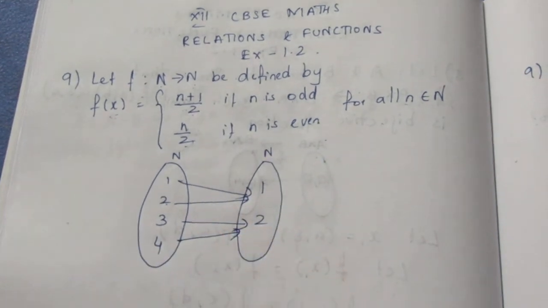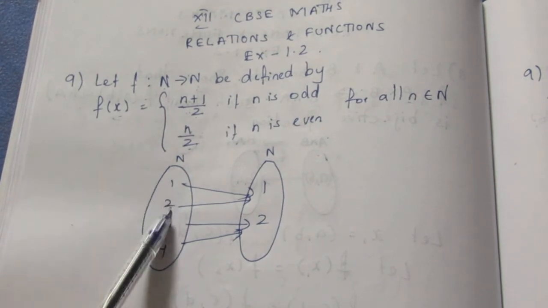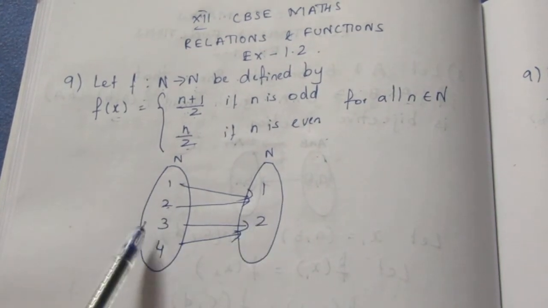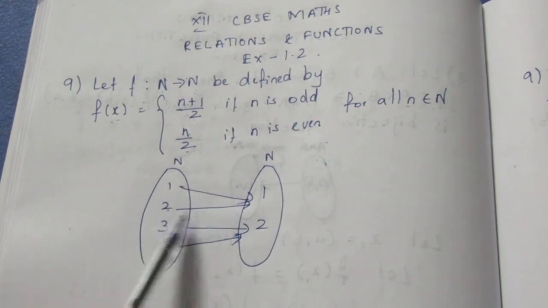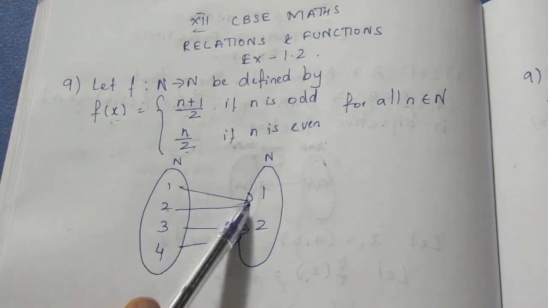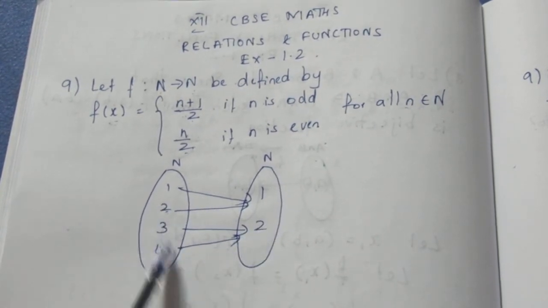So from this it is clearly seen that for 1 and 2 it has the same image 1. For 3 and 4 it has the same image 2. So it is not a one-to-one function because the 1 has 2 pre-images, same way the 2 has 2 pre-images.